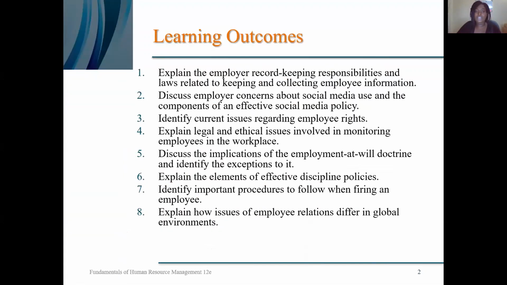Our learning objectives include: explain the employee record keeping responsibilities and laws related to keeping and collecting employee information; discuss employer concerns about social media use and the components of an effective social media policy; identify current issues regarding employee rights; explain legal and ethical issues involved in monitoring employees in the workplace; discuss the implications of the employment at will doctrine and identify exceptions to it; explain the elements of effective discipline policies; identify important procedures to follow when firing an employee; and explain how issues of employment relations differ in global environments.